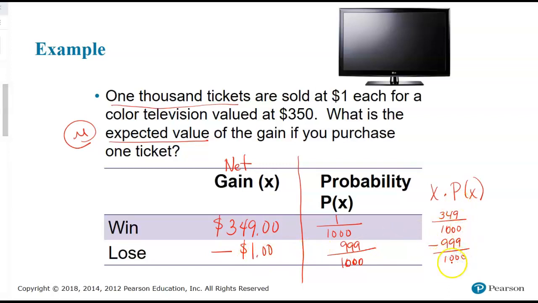You don't have to keep it in fractions. You could go ahead and convert to decimals, and that's fine. This gives me negative 650 out of 1,000, or if I'd converted at this point, I'm going to get negative 65 cents.